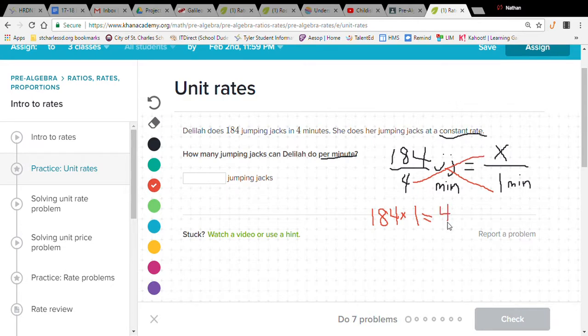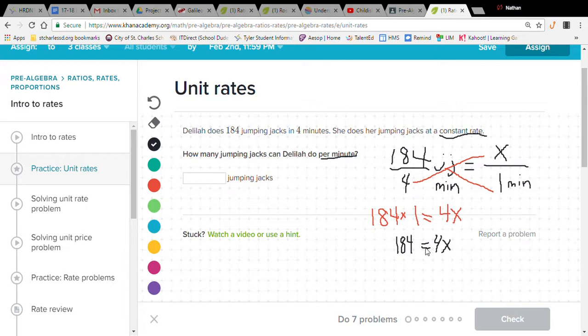This is just how you solve any proportion problem. So let's do the multiplication on both sides. 184 times 1 is 184. And then on the other side we have 4 times x.